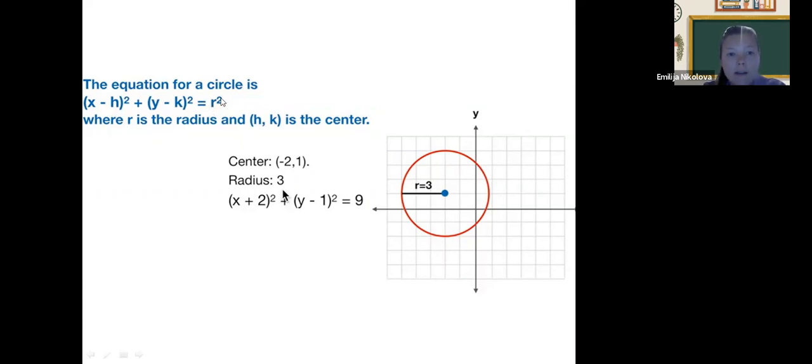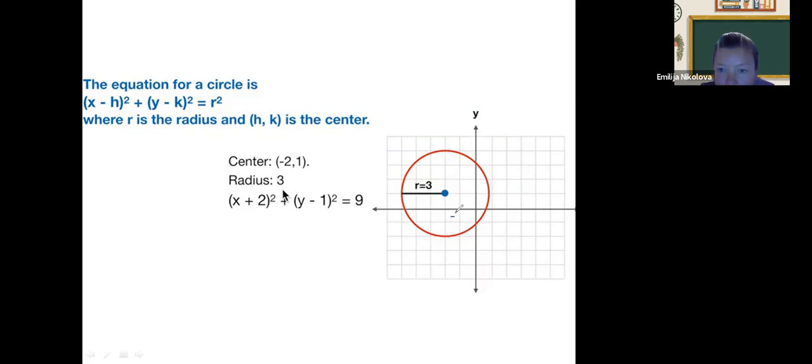So r is the radius. h is the x component, and k is the y component of the center. So it's the point in the coordinate system with h as the first coordinate and k as the second coordinate. So here we have one example. Here is a given circle with a radius of 3 centimeters and the center, as we see here.